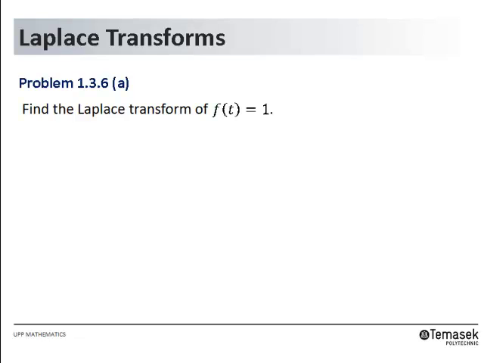We shall now see how to derive the Laplace transform of some elementary functions. We start with a constant function f(t) equals 1. The Laplace of 1 by definition will be the improper integral from 0 to infinity of exponential negative st times 1 dt.